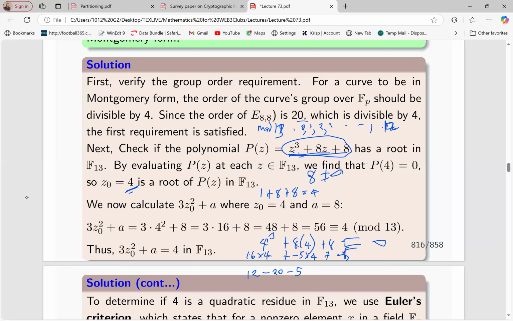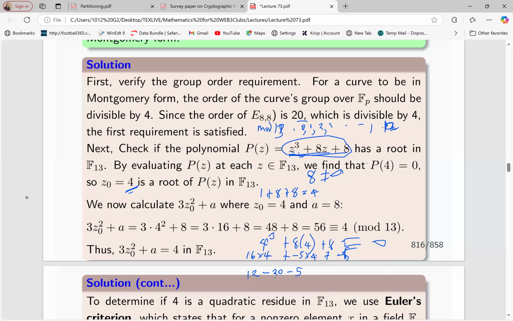Then 8 here, mod 13, is the same as negative 5, then times 4, that would be negative 20. Then 8 is just the same as negative 5.